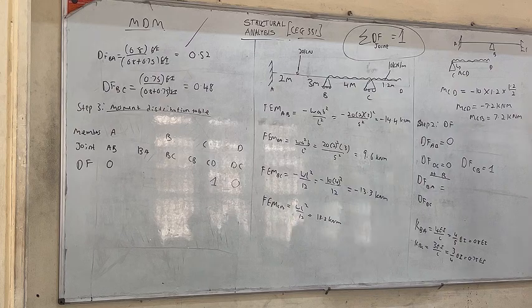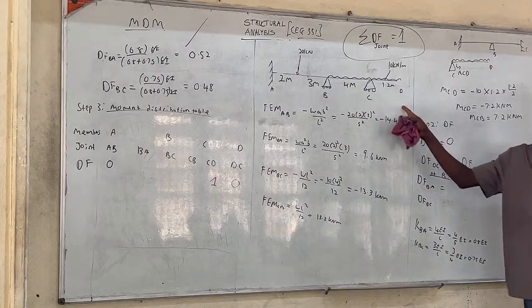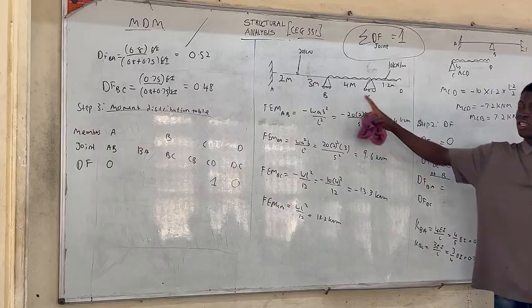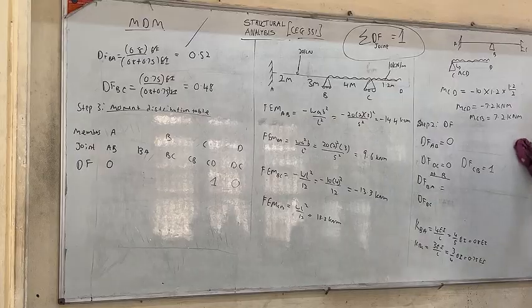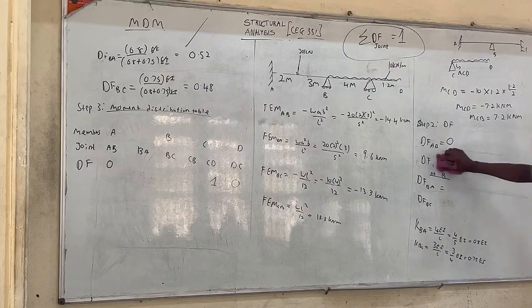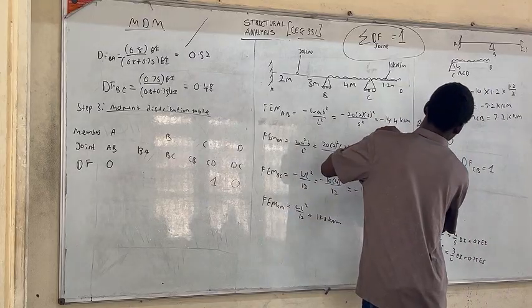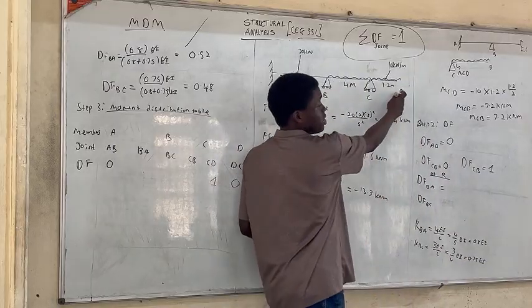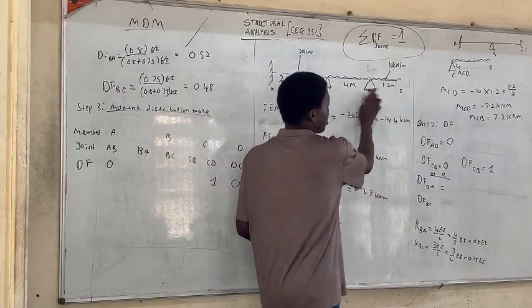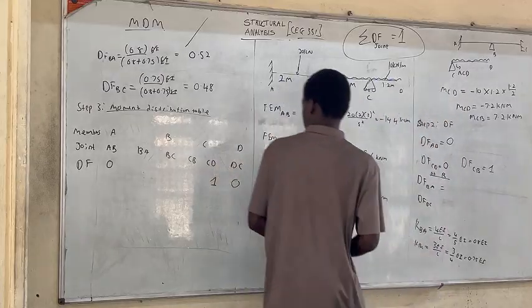So it is CD, that's 0. So why don't we have DC? Because we don't have a support at D. So we only have CBC and not DC.